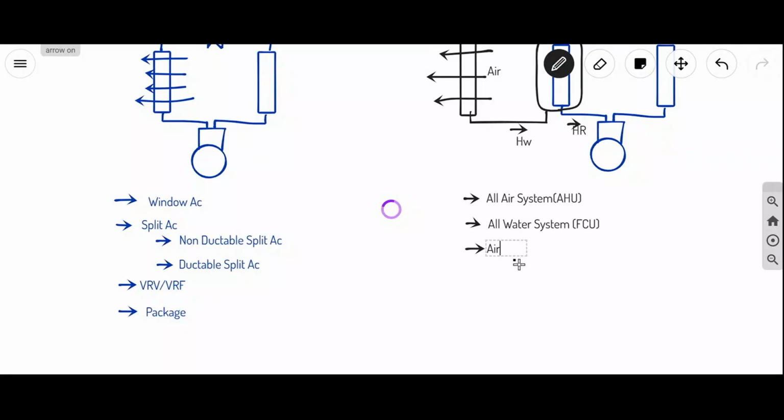Air water system, we use AHU plus FCU. So AHU indicates air handling unit. FCU means fan coil unit.